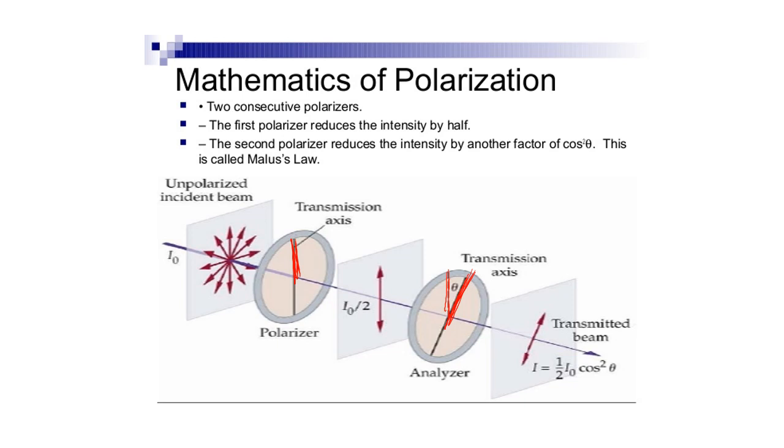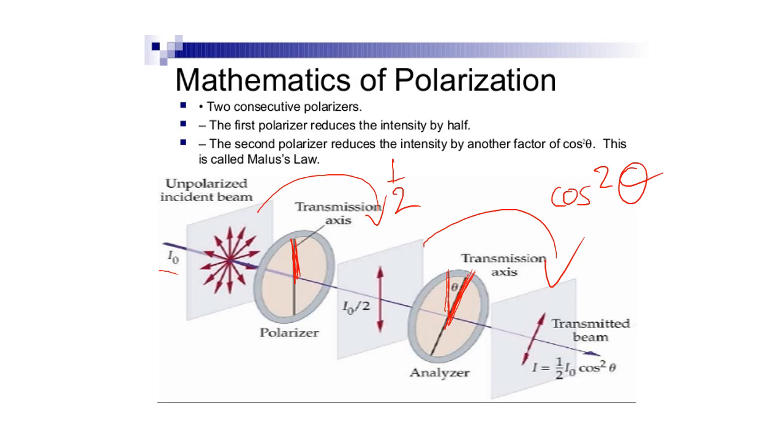If you rotated it 90 degrees, you'd block out basically everything. Okay? So you're going to have some light coming in. Now, automatically, whenever you pass through, you're going to get 1/2 times the intensity. All right? That's for the whole thing. And then this intensity is going to be multiplied by the cosine squared of the angle. All right?